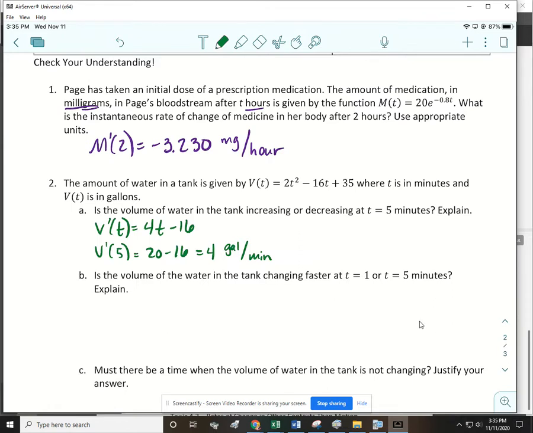And it says to explain. Well, first, we need to decide if the water in the tank is increasing or decreasing. Because 4 is a positive number, the water in the tank is increasing.